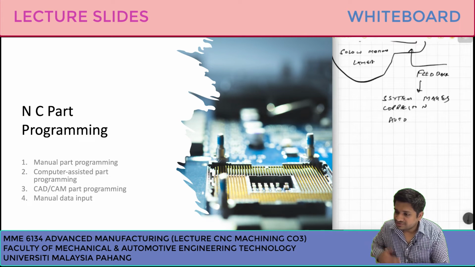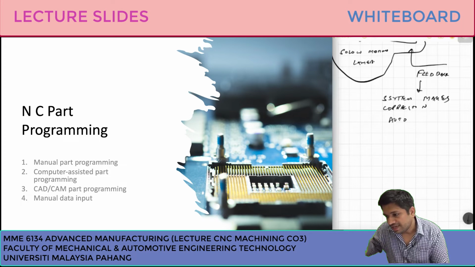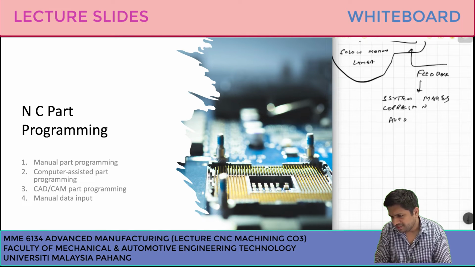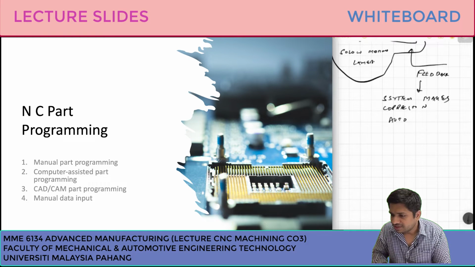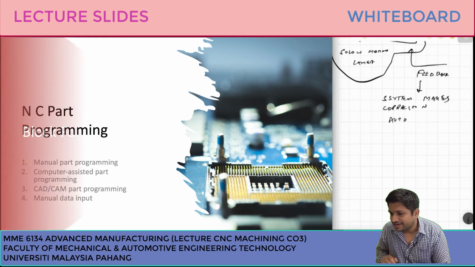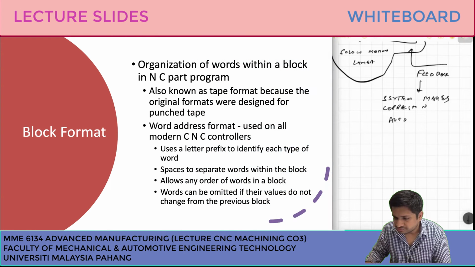These softwares directly convert the CAD model into a CAM model, and simulate the machining operation directly. I guess you know about this already if you are working in machining industries. And sometimes for very small workshops, for very small scale industry, manual data input is also carried out.